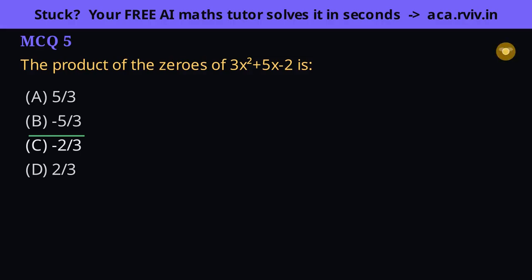Option C. The reason a matters is that these relations always divide by the leading coefficient. That's why we can't just read minus 2 off the constant. Trap options A and B use 5 over 3, which is what you'd get if you mistakenly used b instead of c.